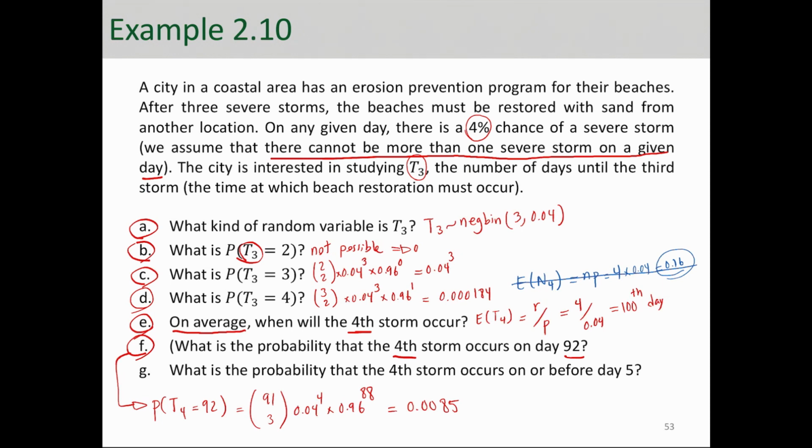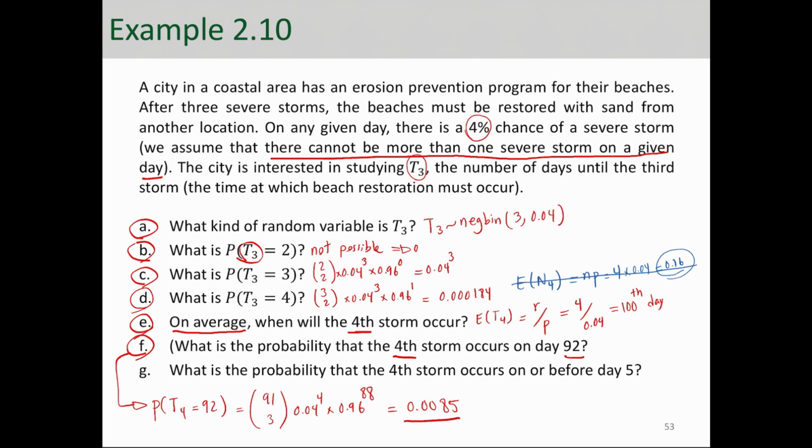A little less than 1% chance that you see the fourth storm on the 92nd day. And this probability is very small because what you're looking for is really specific. You want to see the fourth storm occurring on the 92nd day. So that's a really special scenario. And that's why the probability is not that high.